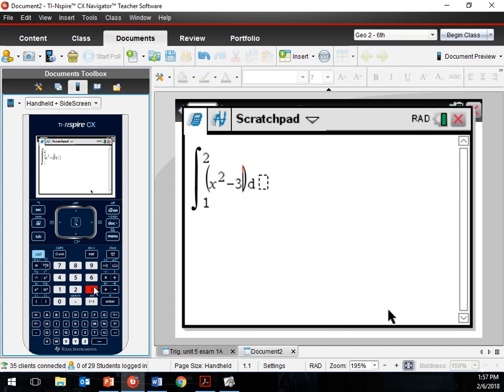Is it 3, the original, or are we not putting the original? I am putting the original. Okay, then x. And dx, right? Okay, there we go.